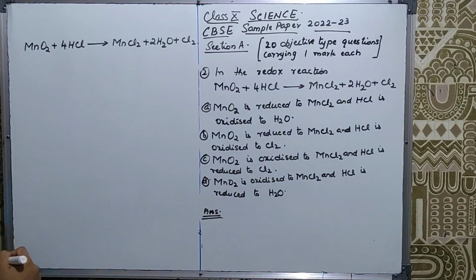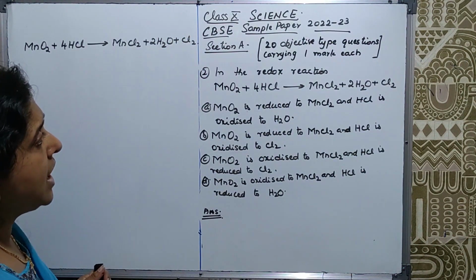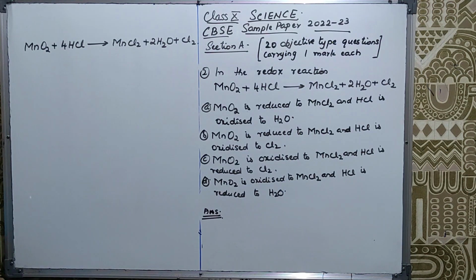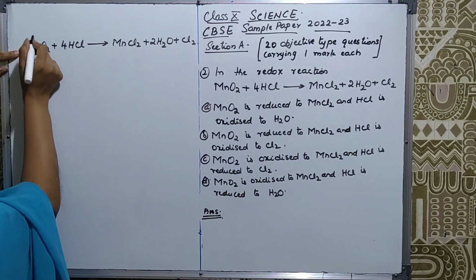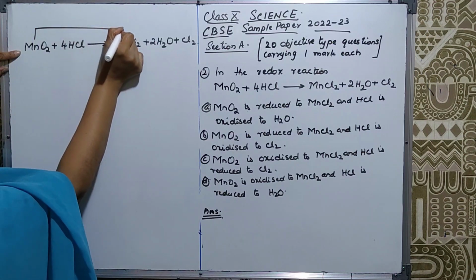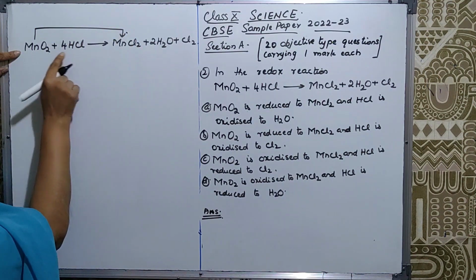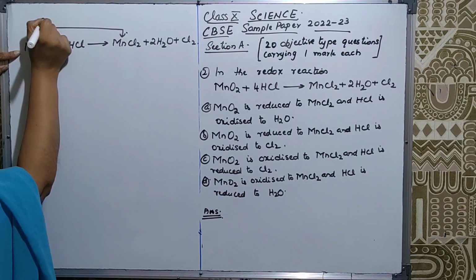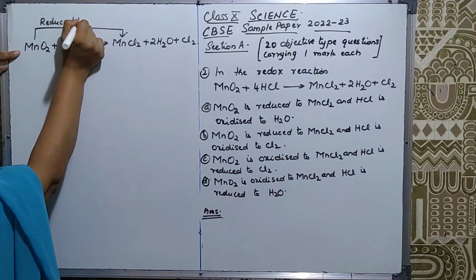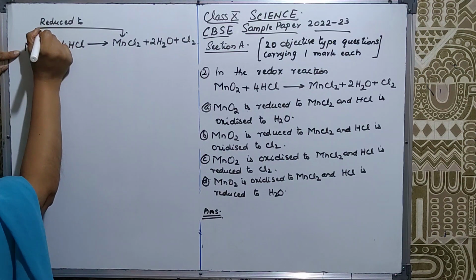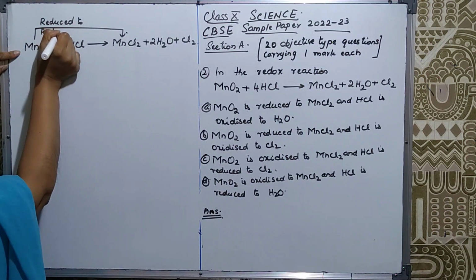Removal of oxygen is called reduction. From MnO2, oxygen got removed, so it is called reduction. MnO2 is reduced to MnCl2.